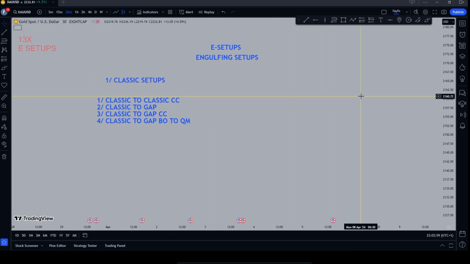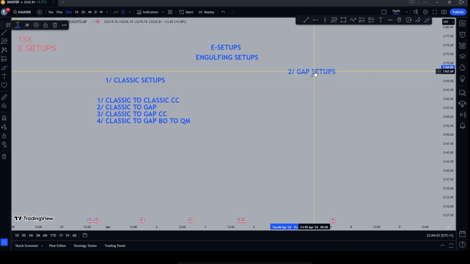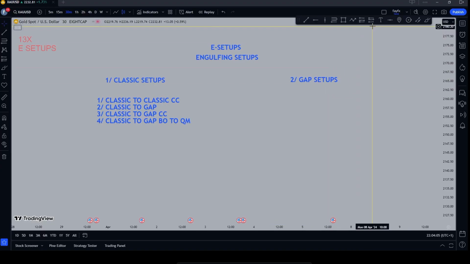The second type of setups is gap setups. For gap setups, we also have 4 entries. First one, gap CC. Second one, gap 2, classic CC.